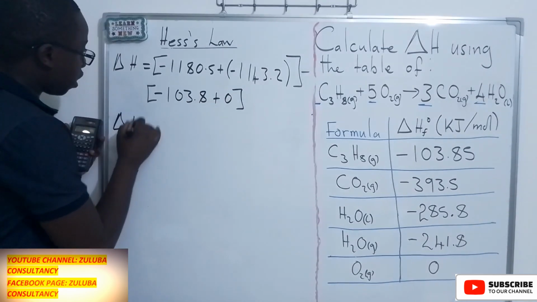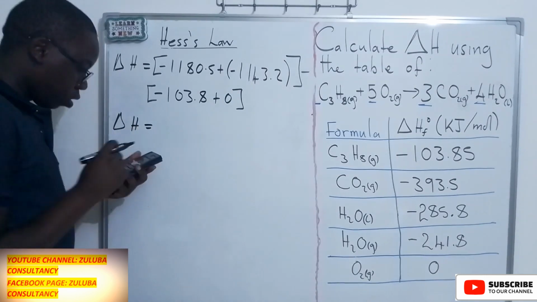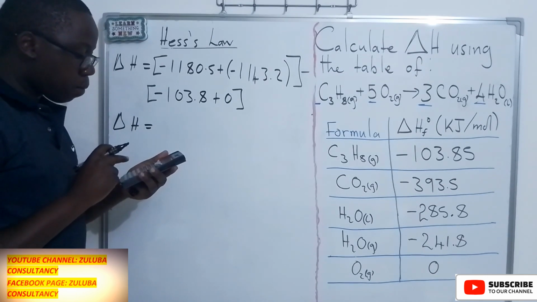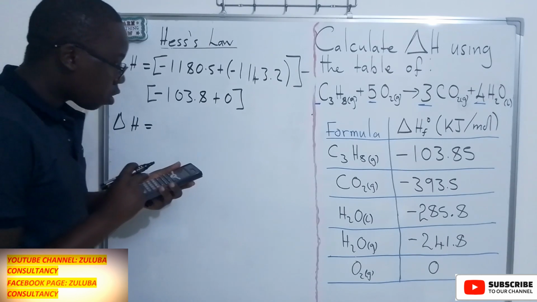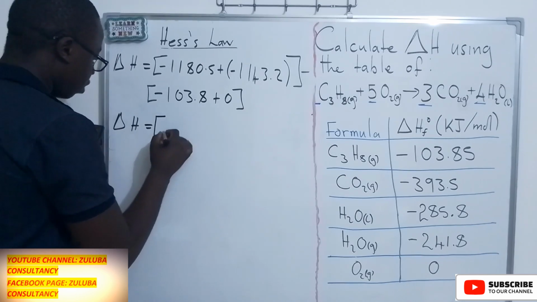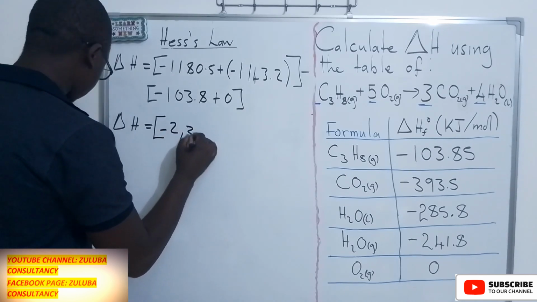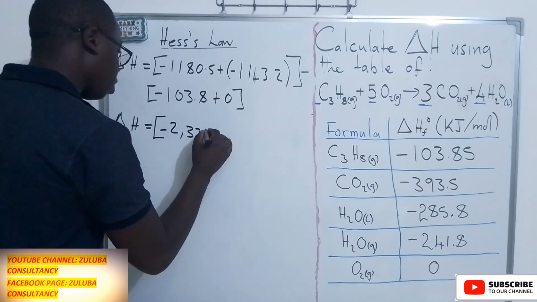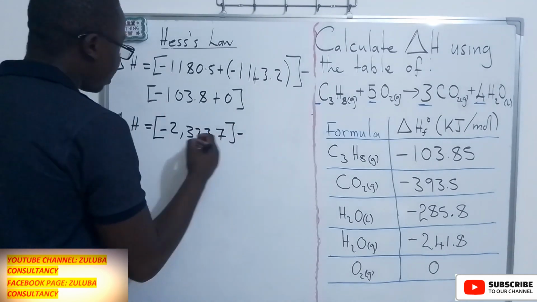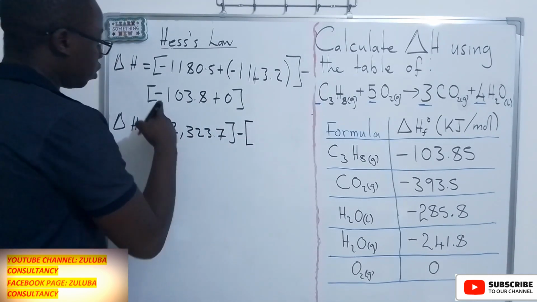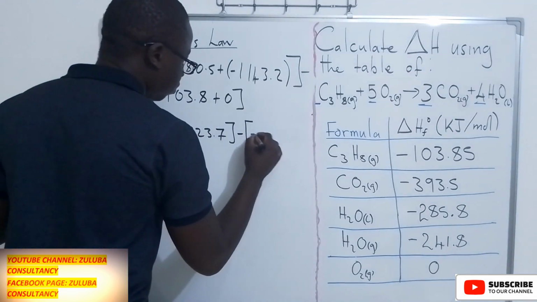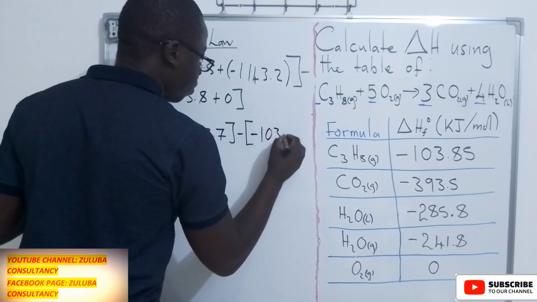So change in enthalpy will be equal to negative 1180.5 plus negative 1143.2. It is giving us the answer of negative 2323.7. Then this is minus this other, which is negative 103.8 plus 0, which is negative 103.85.